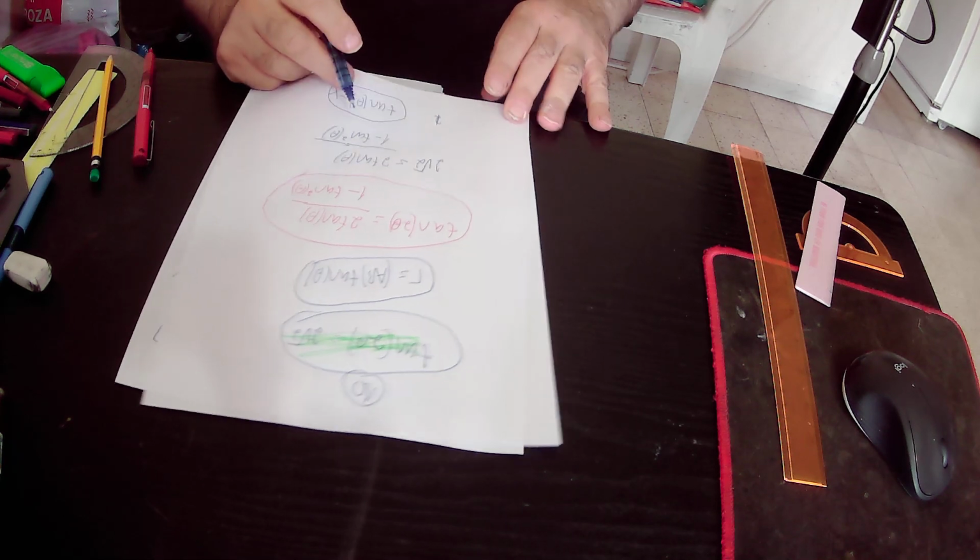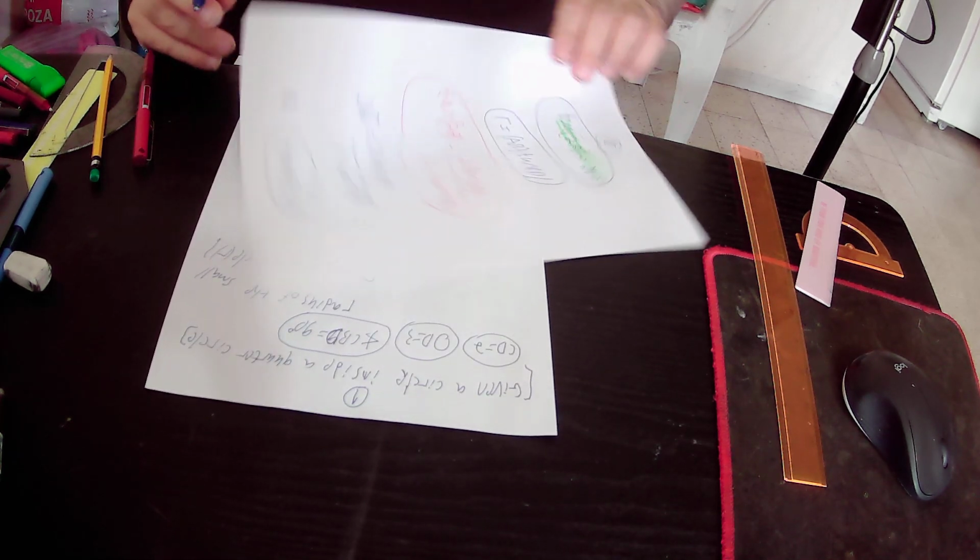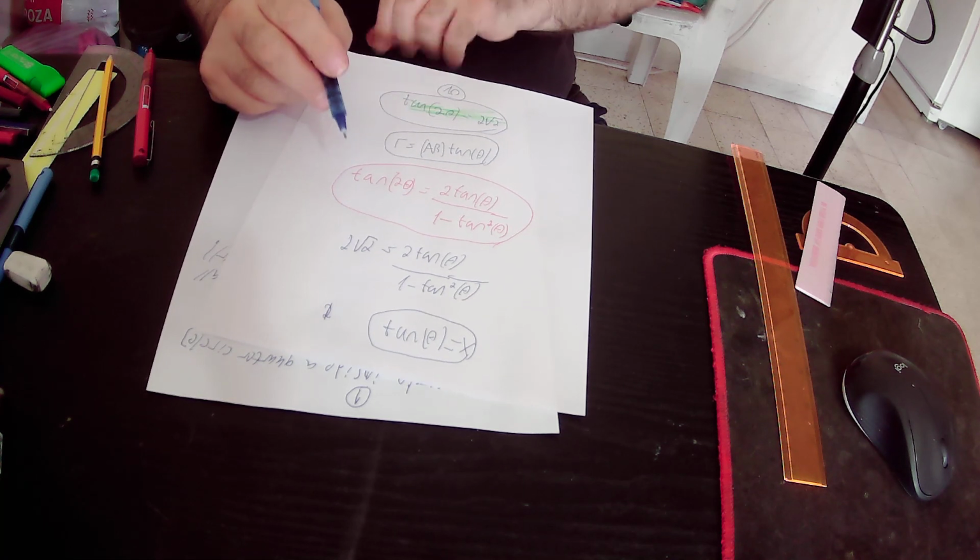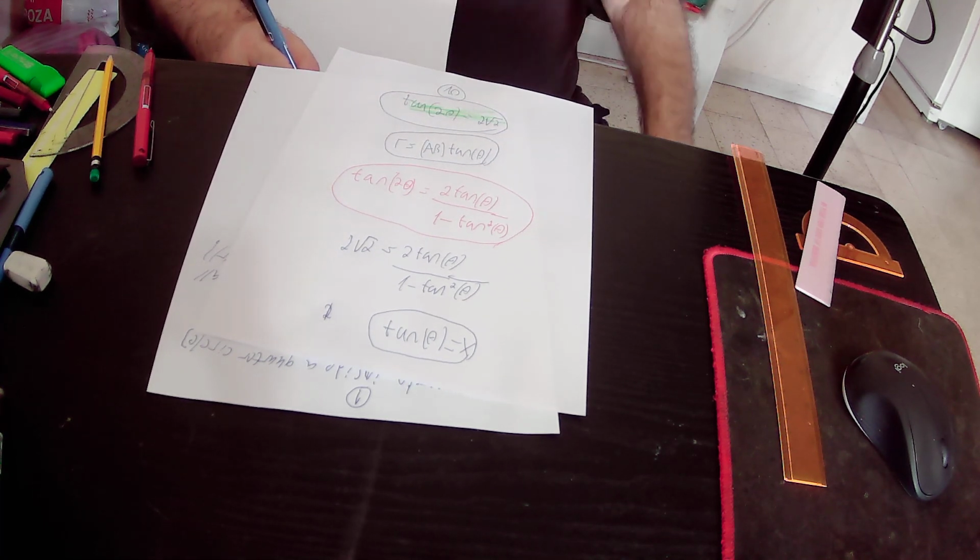So we'll substitute tangent theta in this equality by x, and we will get that 2 times root 2 equals 2 tangent theta.